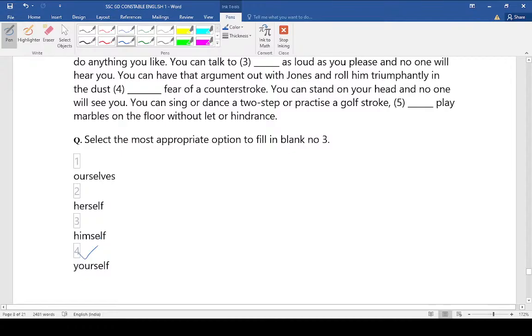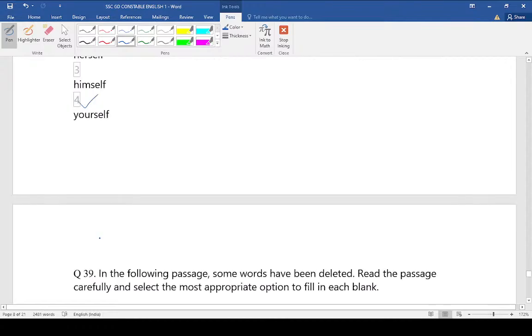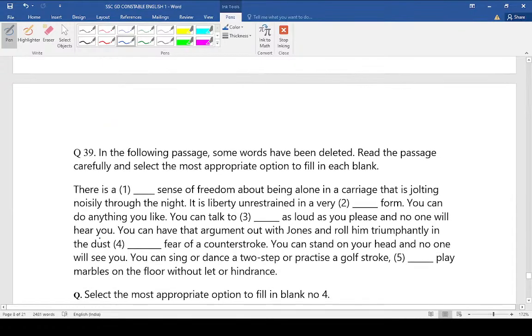So next question. You can have that argument out with Jones and roll him triumphantly in the dust dash fear of a counter stroke.